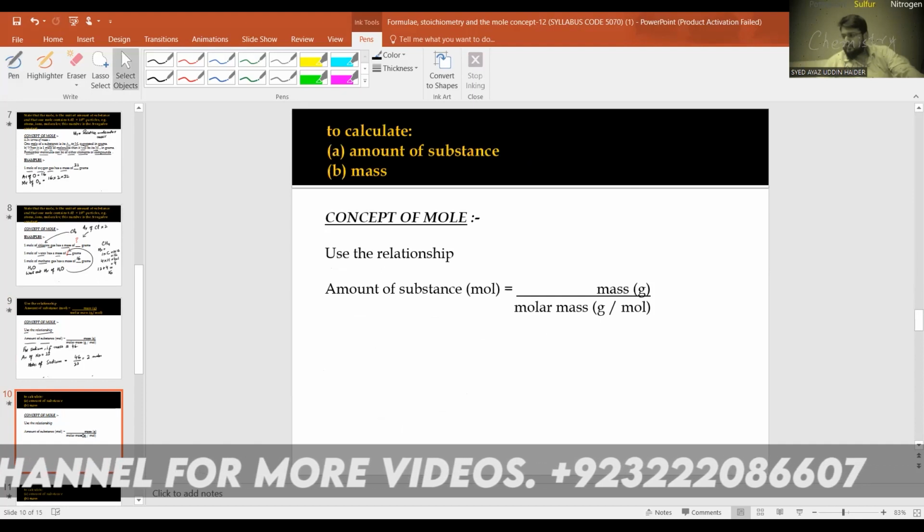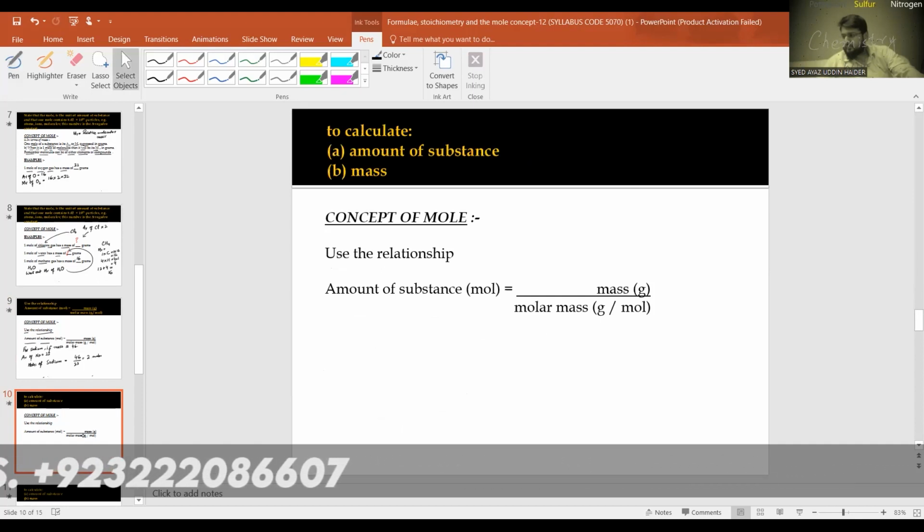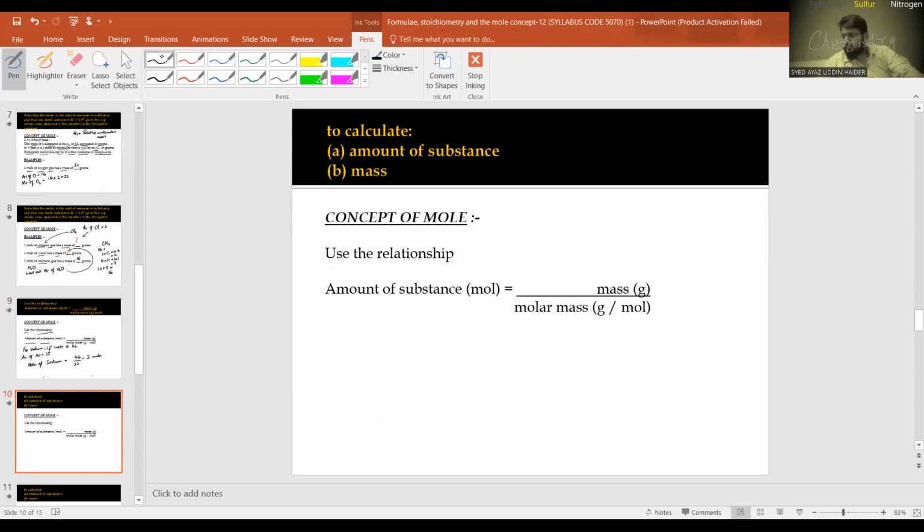Now let's work out the moles for a gas like oxygen. Calculate the moles of oxygen gas in 16 grams. We know that oxygen exists in the diatomic state. O2 is the formula.